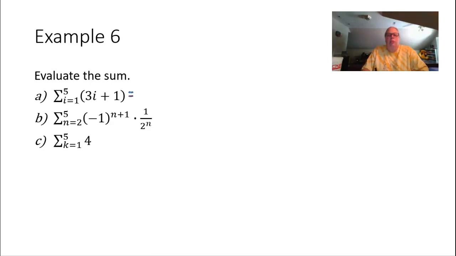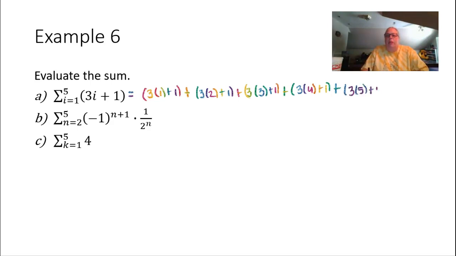Our first term is going to be 3 times 1 plus 1, and we want to add that to our second term, which is 3 times 2 plus 1, and we want to add that to the third term, which is 3 times 3 plus 1.